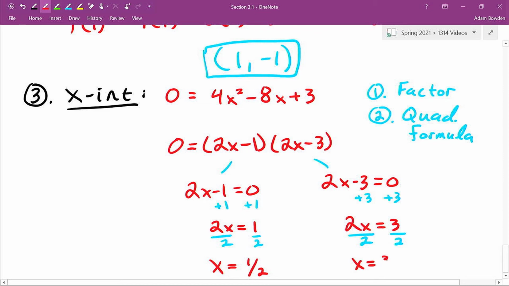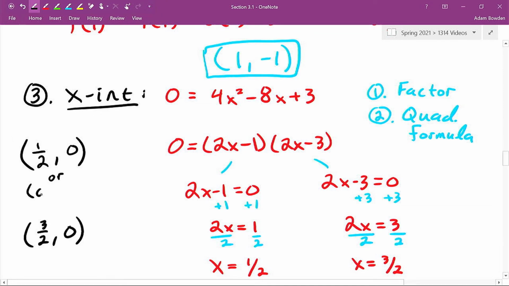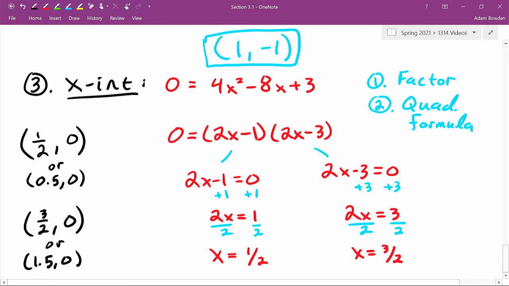X is equal to 3 over 2. So we have two x-intercepts here, one at (1/2, 0) and another at (3/2, 0). We might also think of those as (0.5, 0) or (1.5, 0), depending on if we want to look at it as decimals or as fractions.